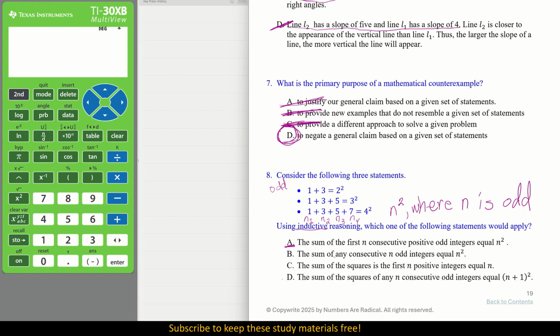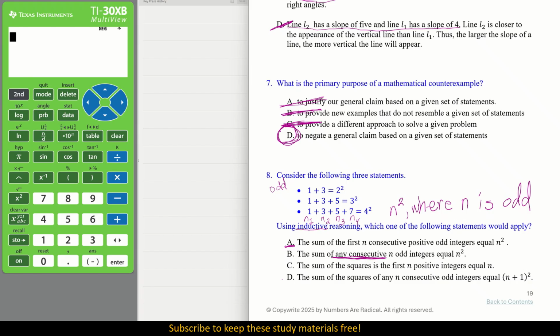We're going to need to talk about any consecutive. But before we do that, let's look at C and D. I can tell you right now, those options aren't going to work. C says the sum of squares of the first n positive integers equals n.